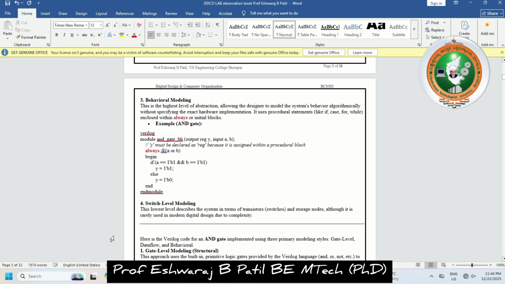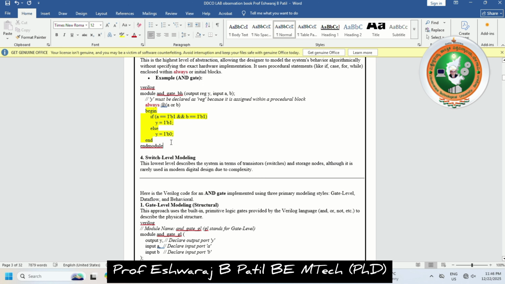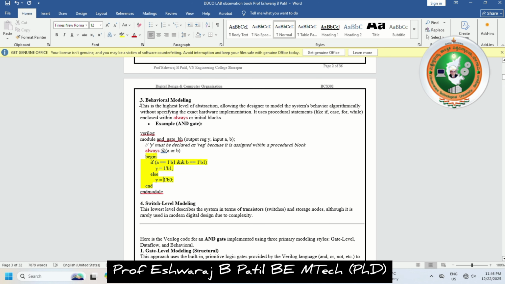For example, writing the Verilog code for the AND gate in behavioral modeling: module with the name gate, and the always keyword. A and B are the inputs. I write the begin keyword, and within begin and end I write that if both inputs are high then only the output Y equals high, otherwise it is 0.